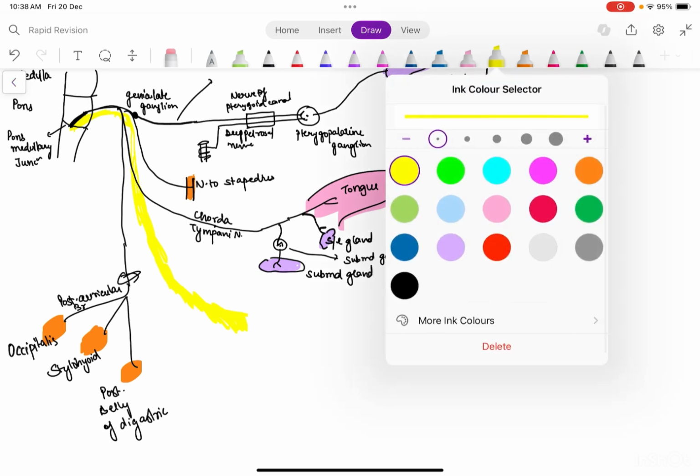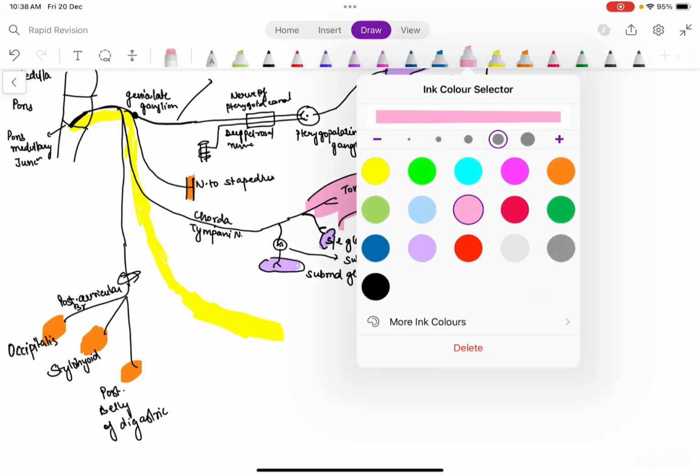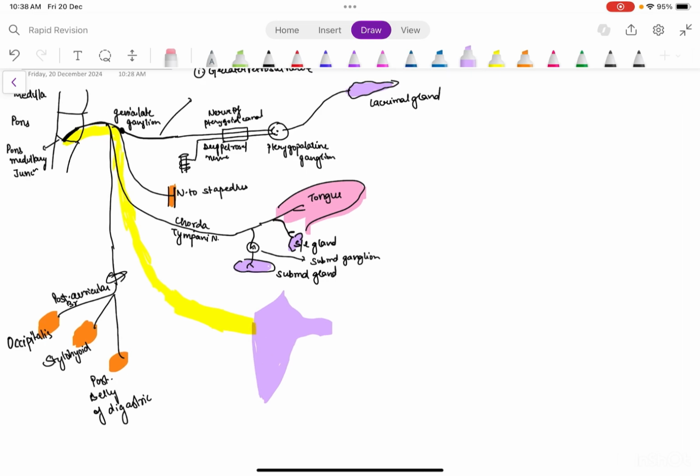So yeah, so this is the motor branch, and it will give 5 branches.